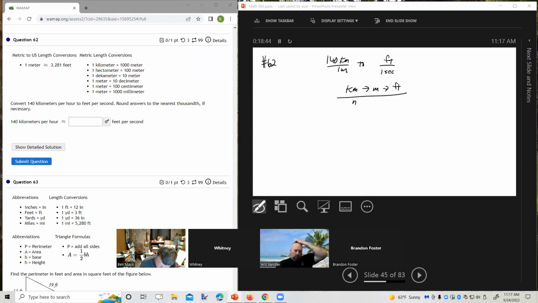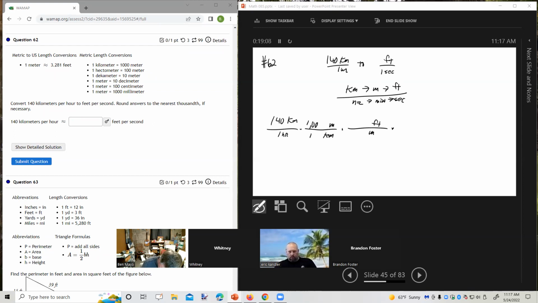And on the bottom, hours to minutes to seconds. 140 kilometers per hour, kilometers to meters, meters to feet.